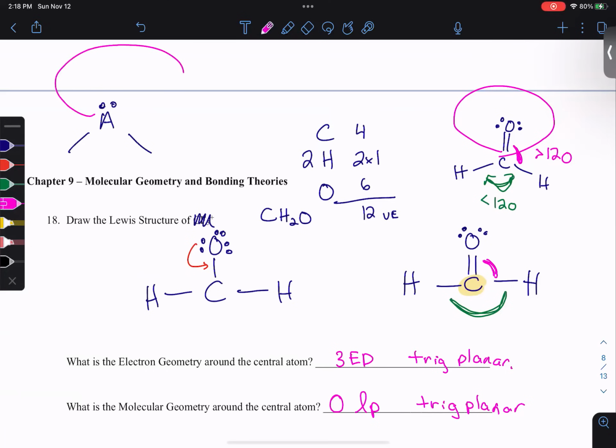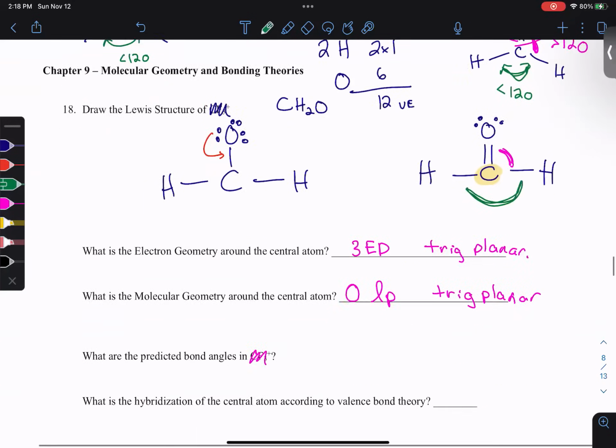That lone pair is taking up more room, so it's going to push these bonds closer together. What will this bond angle be? Exactly 120, more than 120, or less than 120? Less than 120, yes, because that lone pair is just taking up more room. A double bond also takes up more room.